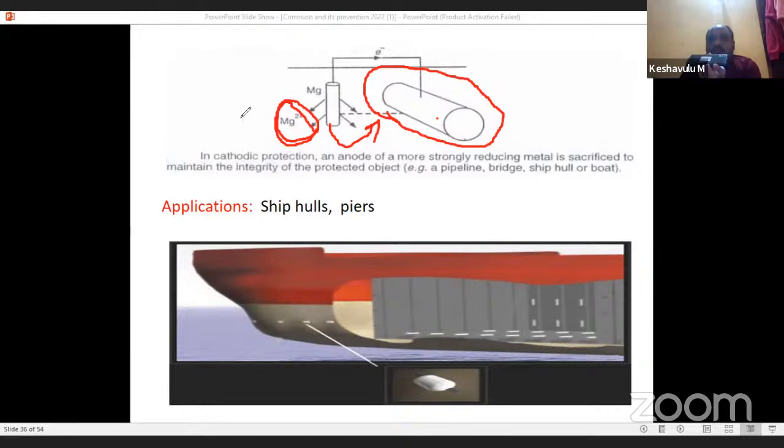For this, I am using some other metal which has more oxidation potential compared to the base metal. Therefore, when we connect this metal to the base metal, the other metal will be involved in corrosion, and the base metal will be protected from corrosion.